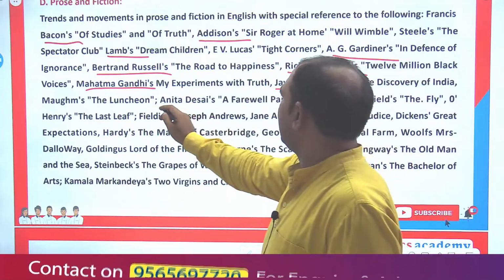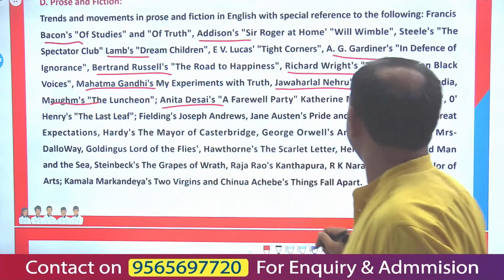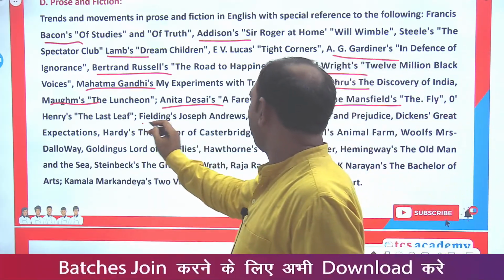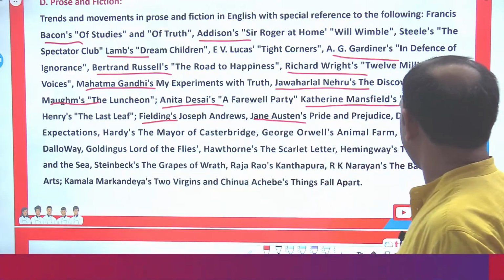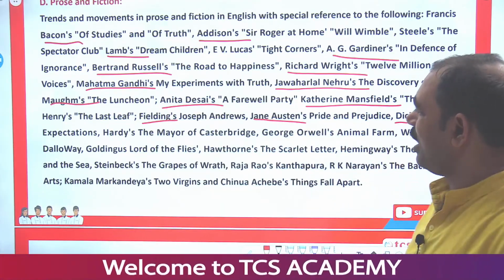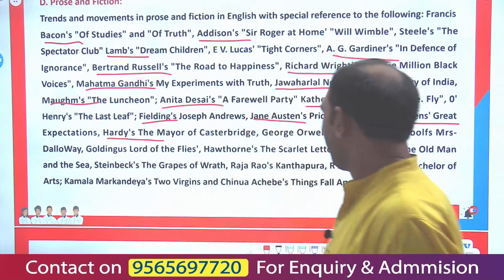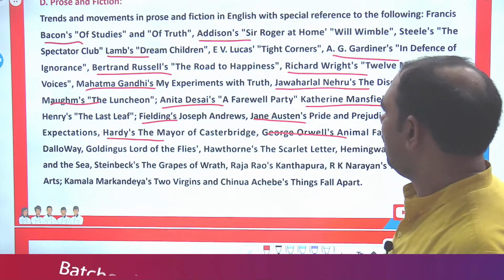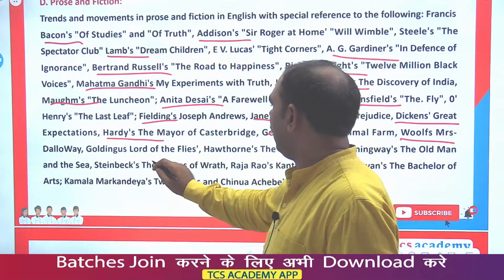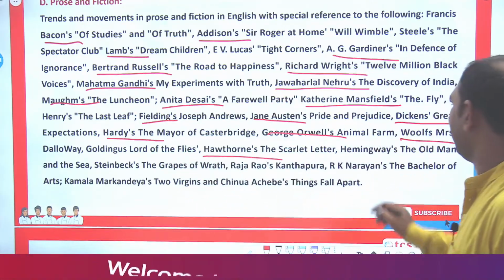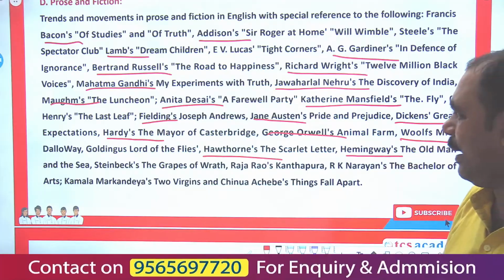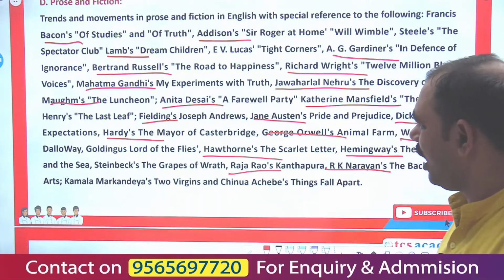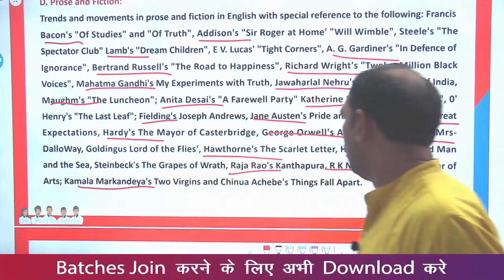India, Anita Desai, W.S. Maugham, and Katherine Mansfield, Henry Fielding, Jane Austen's Pride and Prejudice, Charles Dickens's Great Expectations, Hardy's Mayor of Casterbridge, Orwell's Animal Farm, Woolf's Mrs. Dalloway, Hawthorne's The Scarlet Letter, Hemingway's The Old Man and the Sea, then Raja Rao's Kanthapura, R.K. Narayan's The Bachelor of Arts, and Kamala Markandaya's Two Virgins.